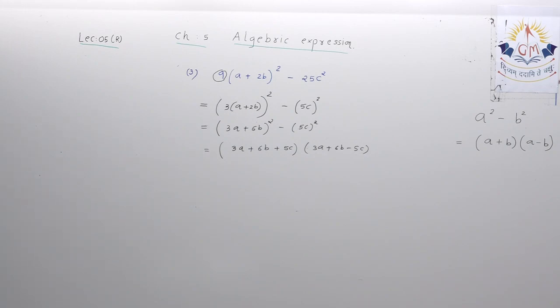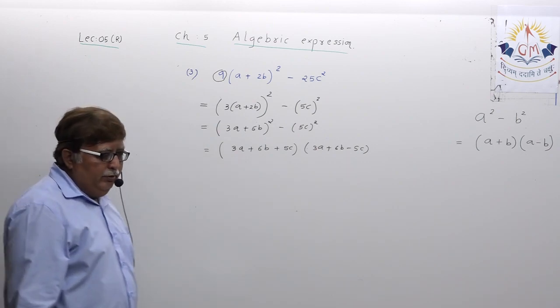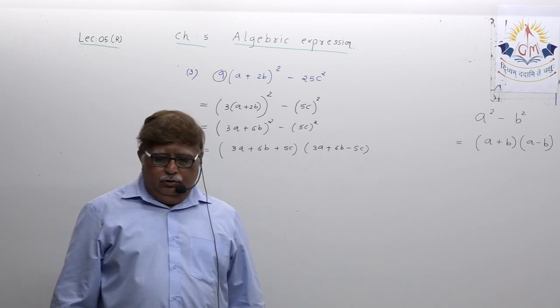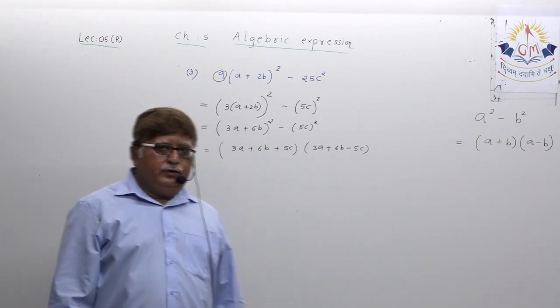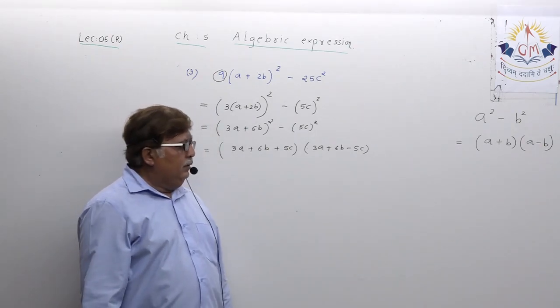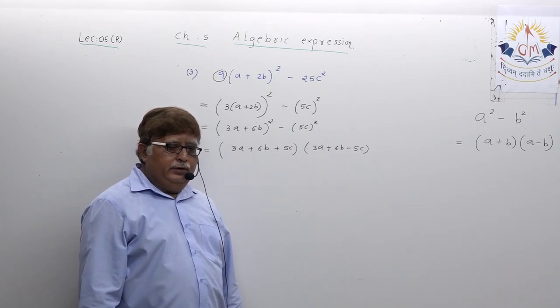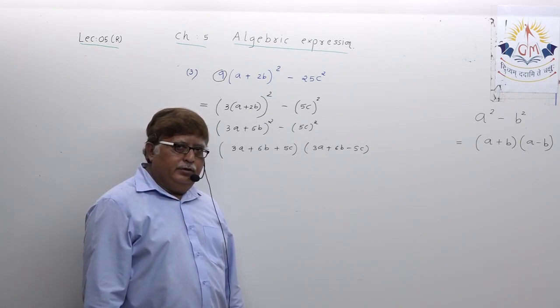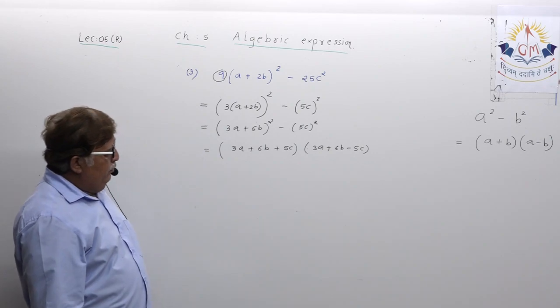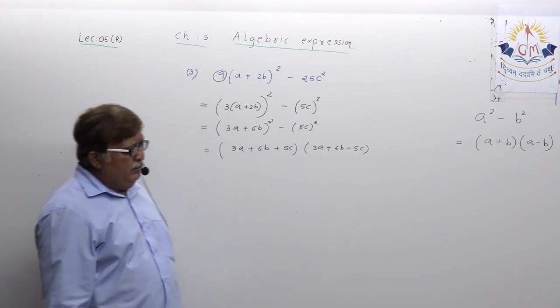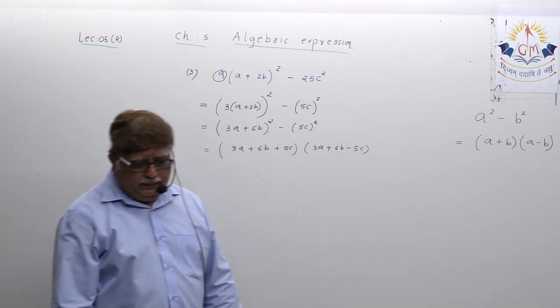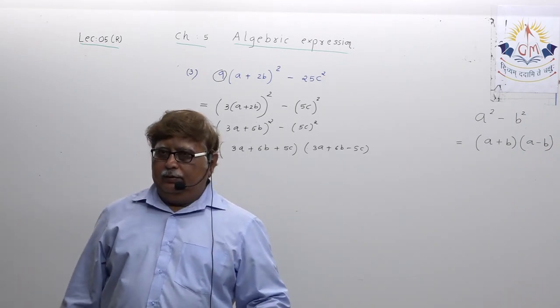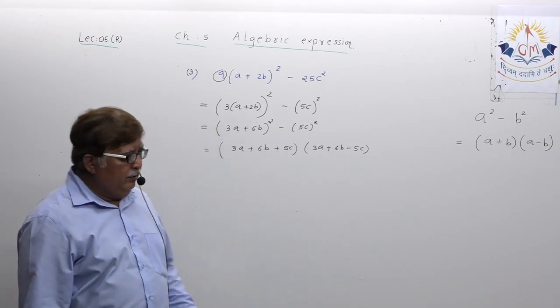Understand the concept. Revive those criteria again and again in your mind. Two terms, both are perfect squares. In between there is a negative sign. Understood? So take one time plus and one time minus. Okay?